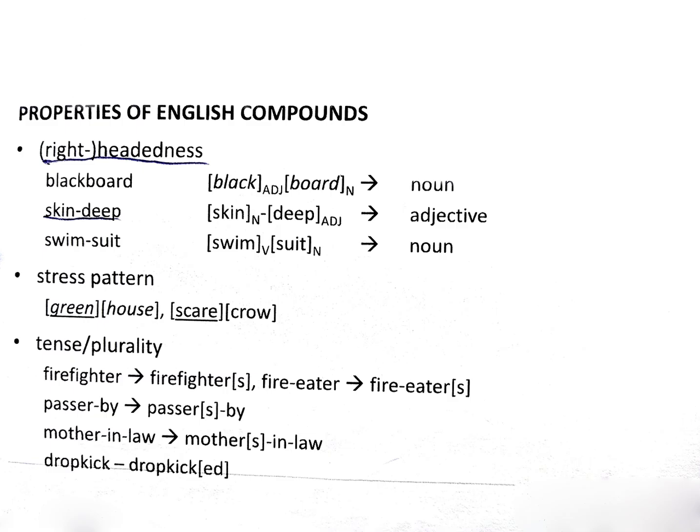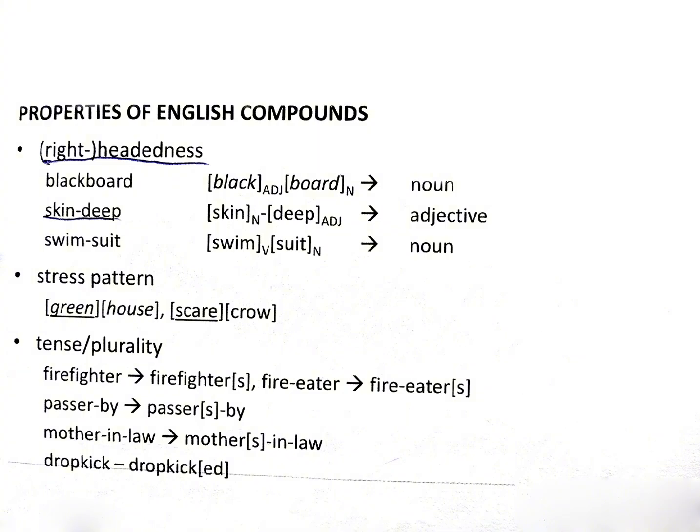Let's take the example blackbird. Black as a free morpheme is an adjective. Bird as a free morpheme is a noun. So you can combine those two different types of free morphemes into blackbird.